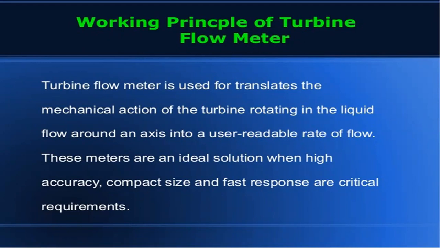As the flow rate through the pipe and the turbine flow meter increases, the turbine speed also increases. So the turbine speed depends on the flow rate of the liquid in the pipe. These meters are an ideal solution when high accuracy, compact size, fast response, and critical requirements apply.